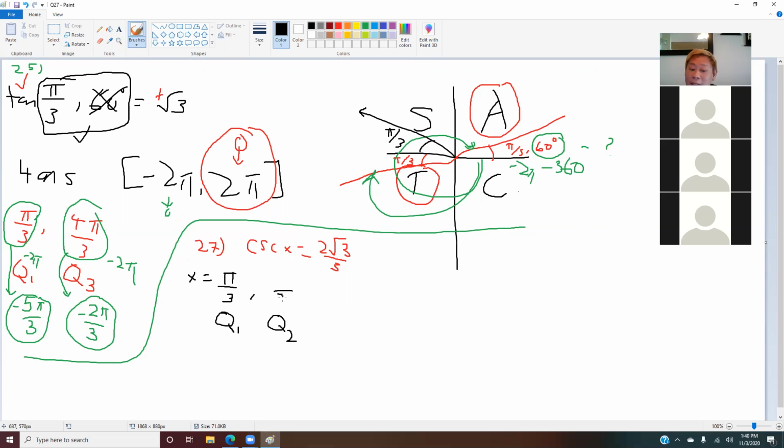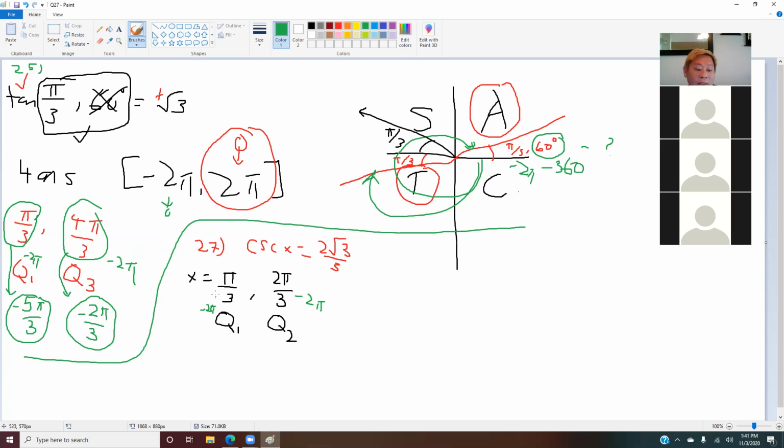So this is not that tough. This is 1. Quadrant 2 will be 2 pi over 3. And then what do we do with the negative part? We subtract 2 pi, right?